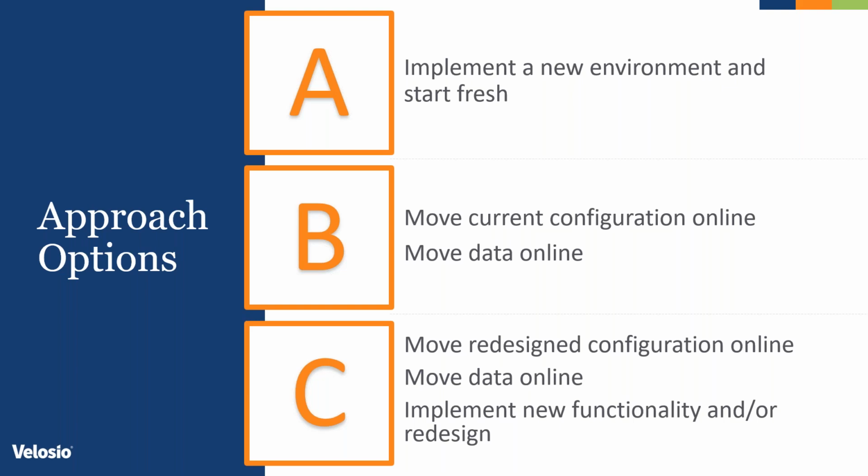So redesigning that configuration before you move it online, moving your data online, and then as part of that redesign, also implementing any new functionality that you might want to include in that.